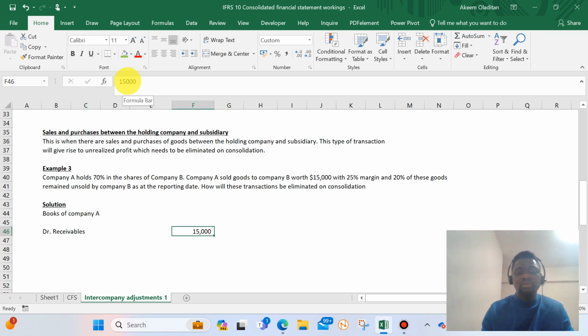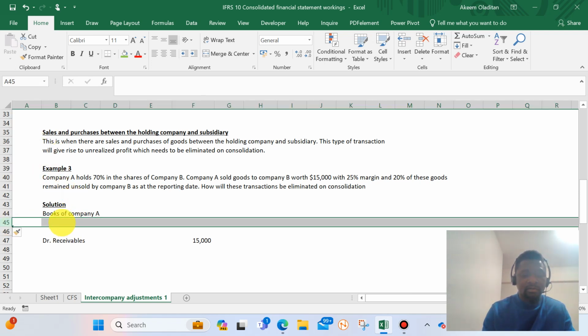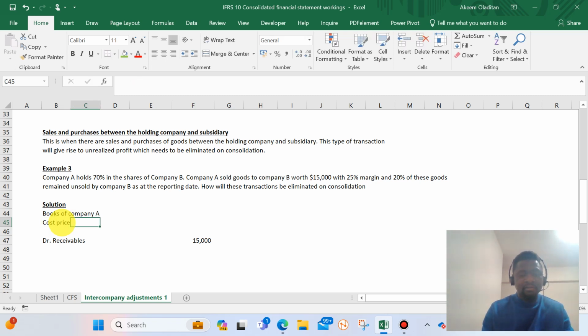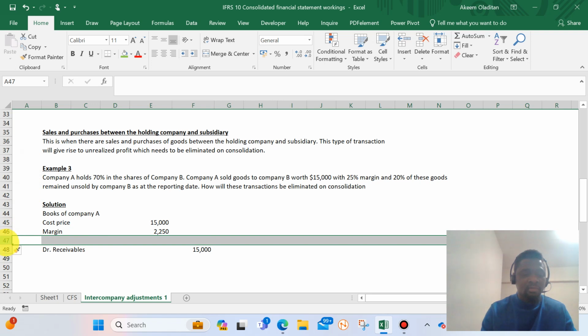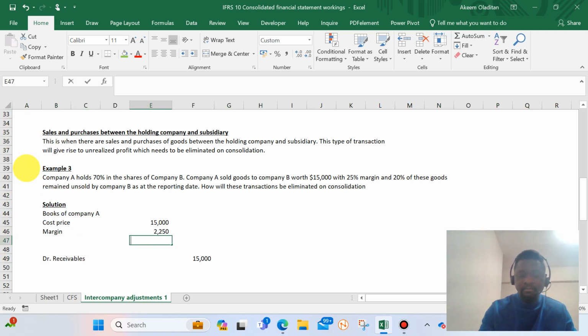So the cost price is 15,000, but there's a margin on sales of, oh no, not 15%, sorry, 25%.